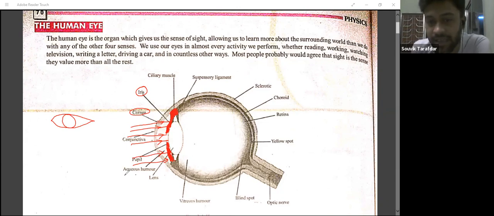Similarly, suppose we have just entered a dark place, into a room, or maybe suddenly the power went off. After some time you will be able to see a few things clearly, slowly.